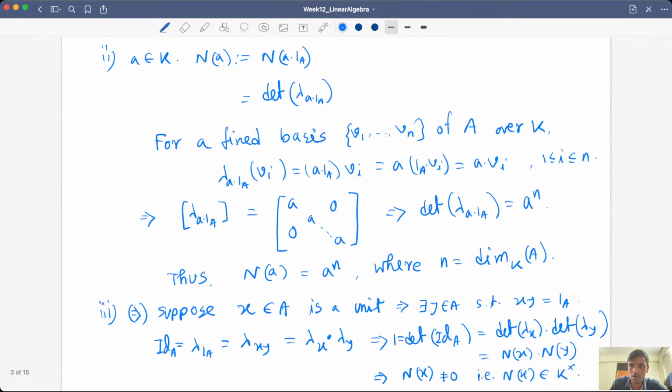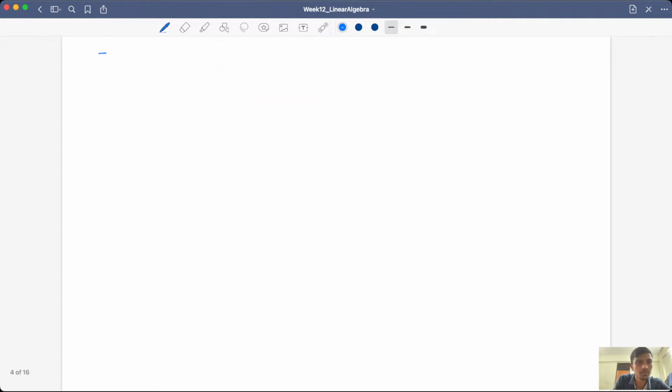Now for the converse part, again assume that nx belongs to k cross, so that means nx is non-zero. But k is a field.